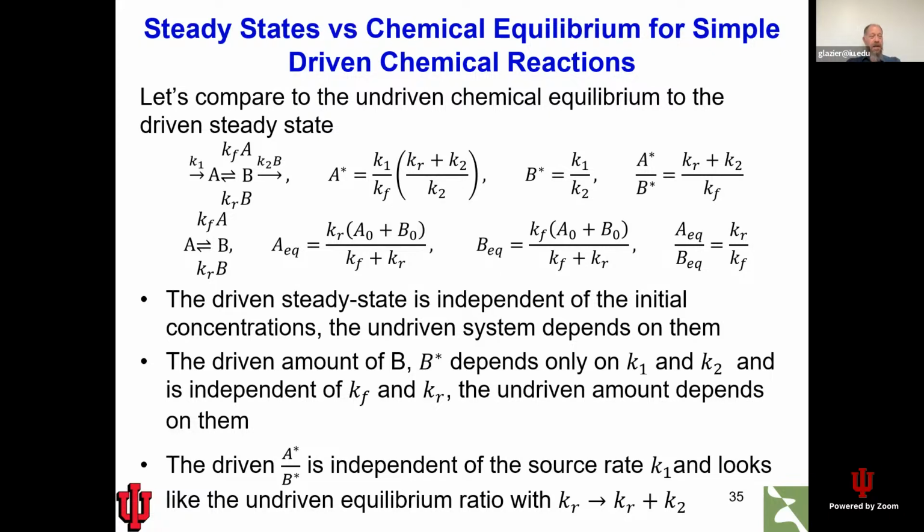So William says, actually, I explained it wrong in that A star over B star equals (KR plus K2) over KF. The reason K2 is in the numerator is that K2 is reducing the amount of B star, and so it's increasing the ratio. But I shouldn't be thinking of it as increasing the amount of A star. I should be thinking about it as decreasing the amount of B star. Very good point. Thank you.